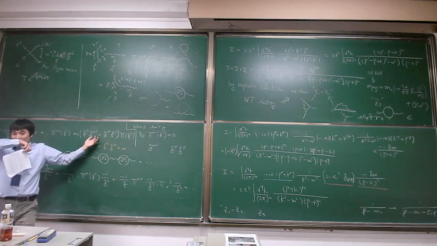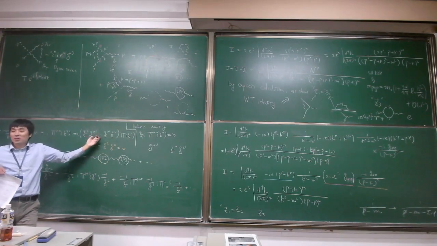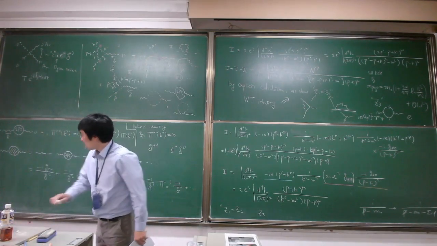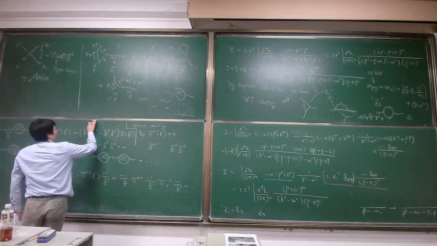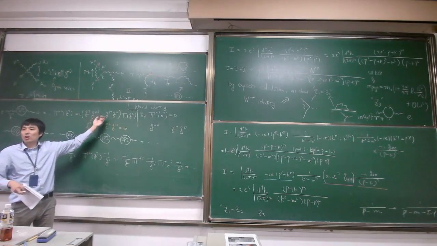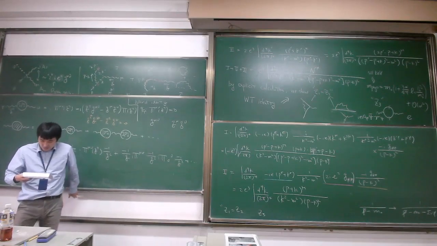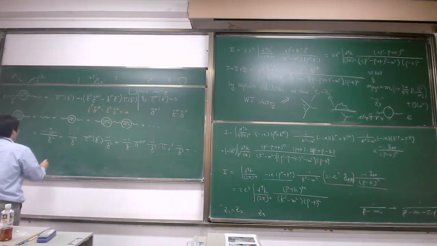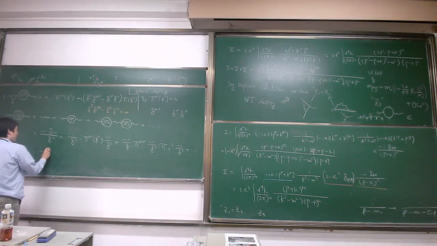That's why I asked in the homework that at the end, if you evaluate this loop diagram, it should be proportional to this, because of the Ward identity. Then if you assume this pi mu nu takes this form, you just plug that into here. So this is equal to minus i g mu nu.